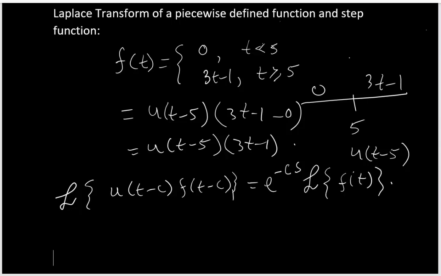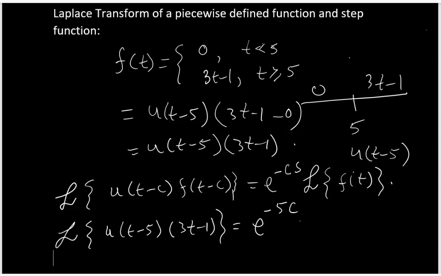So that we will be using. From our question, the Laplace transform of u(t minus 5) times (3t minus 1) should give me e to the negative 5s times the Laplace transform of f(t).